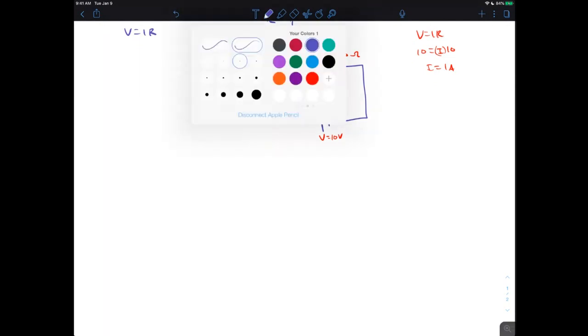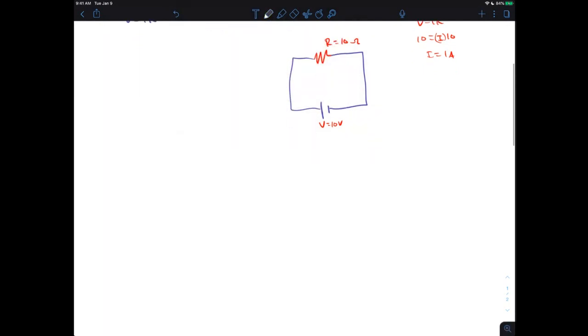So let's actually change this. Now I'm going to combine these in one of two ways. I can combine them in series, right? And in this case, let's say R1 was 5 ohms and R2 was 2 ohms. Okay, and I want to put both of these in a circuit.